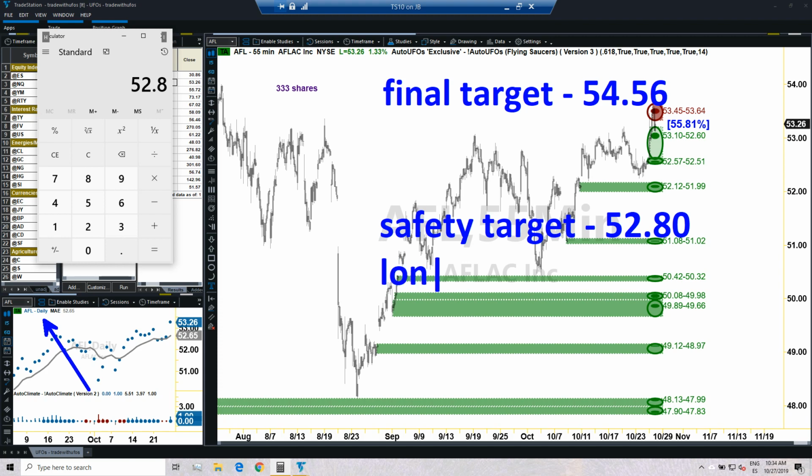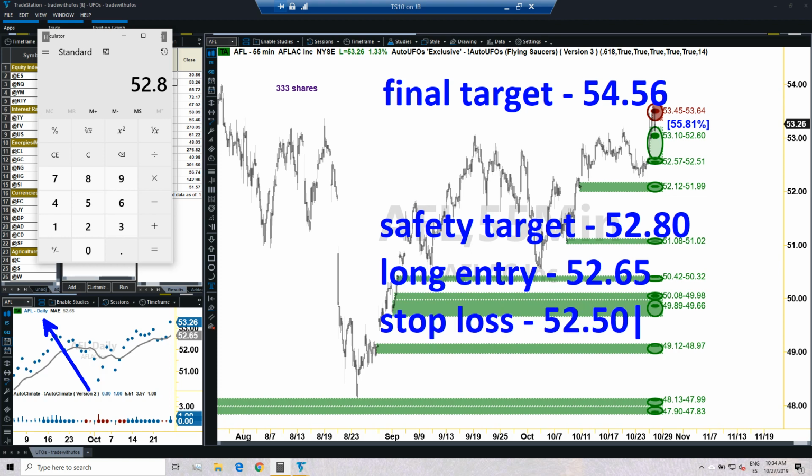The long entry would be below, located at 52.65. The difference between 52.65 and 52.80 is 15 cents, which is also the same distance from the entry to the stop loss, which would be located at 52.50. So you are risking 15 cents, you are making 15 cents, stop loss, safety target, and exposing ourselves free of risk to the final target located at 54.56.